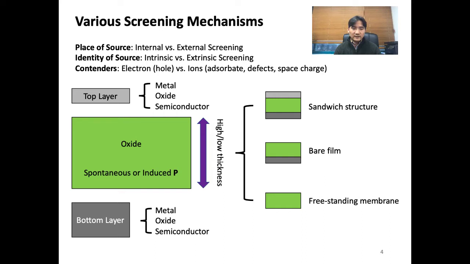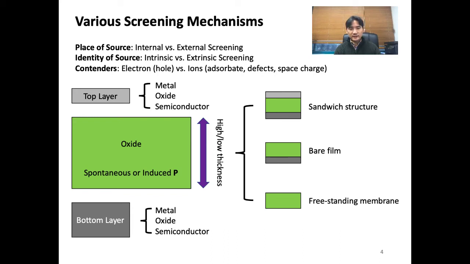And this oxide layer can be ferroelectric or not, and if it is ferroelectric, it will have spontaneous polarization that can be switched. If not, then it can either have induced polarization if it is centrosymmetric, or if it is metallized, then it would be hard to have a unique polarization that stands out of this layer.